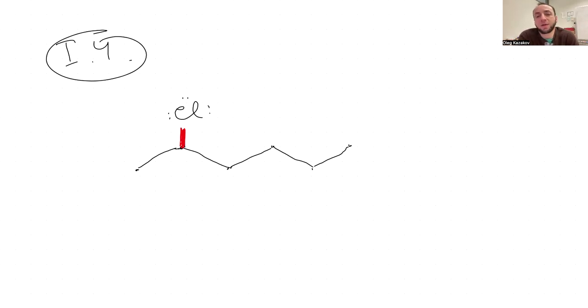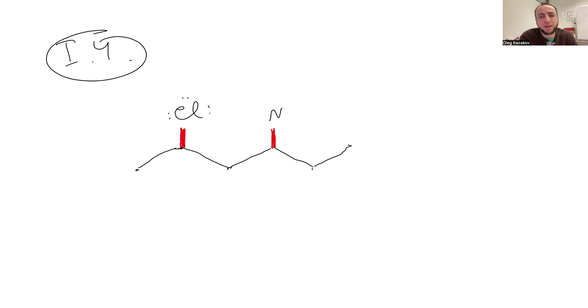Then you might have some other group, such as an amino group, right? So let's make it this way. We're going to show another bond, which is going to be between carbon and nitrogen. Carbon and nitrogen also have different electronegativities, so it's going to be quite a polar bond. But now it's not the carbon-chlorine bond, but rather the carbon-nitrogen bond, right?